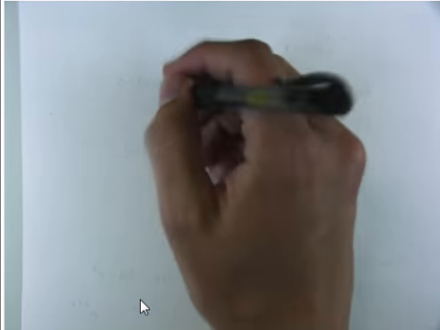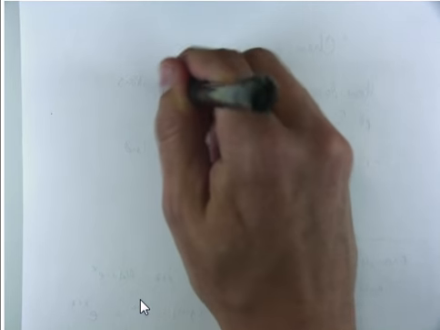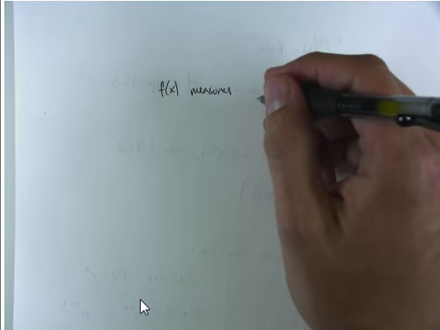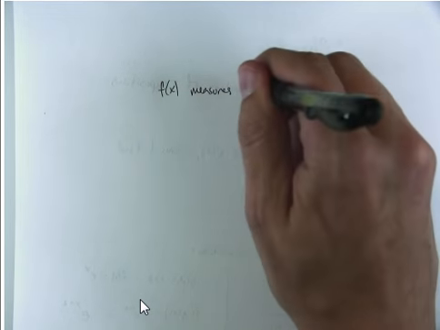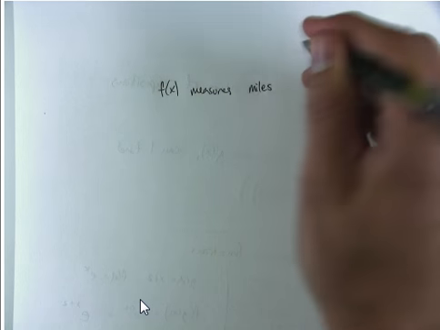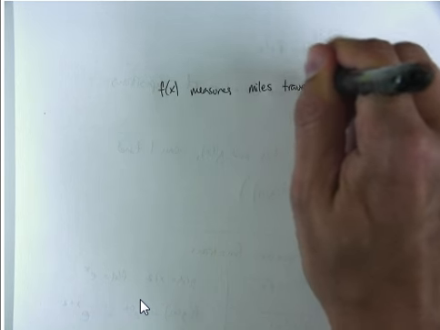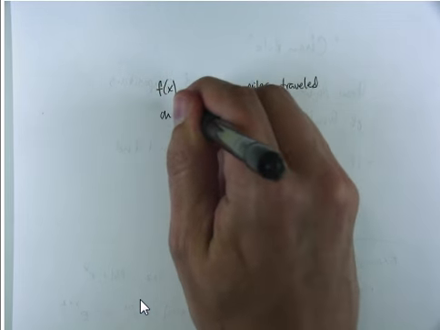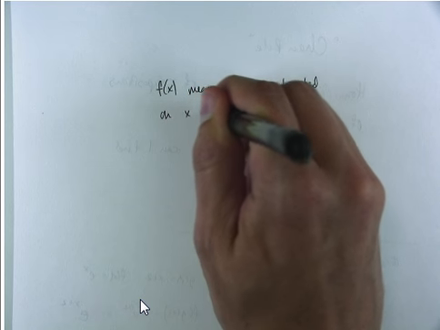Let's say, for instance, we've got this function f of x, and it measures miles traveled on x gallons of gas.